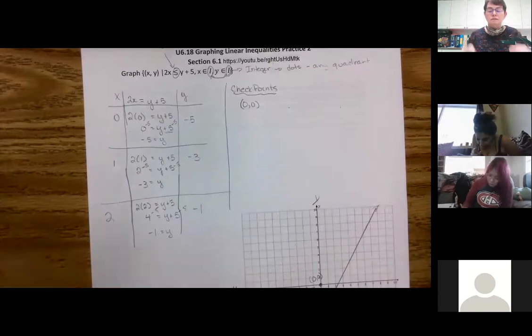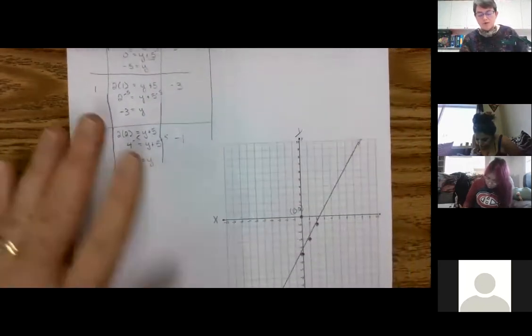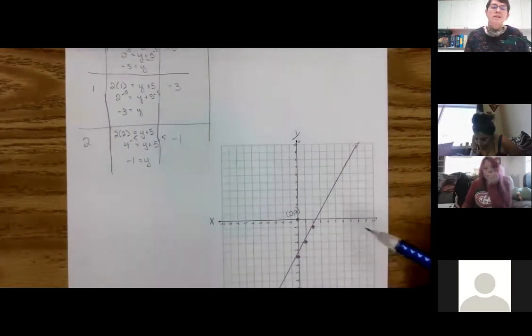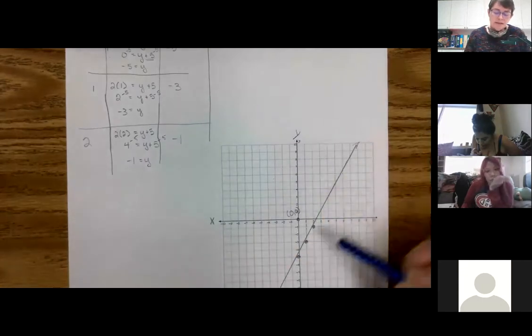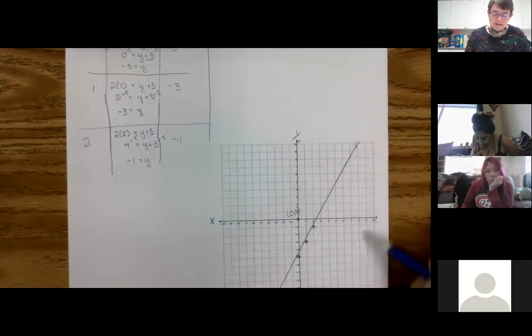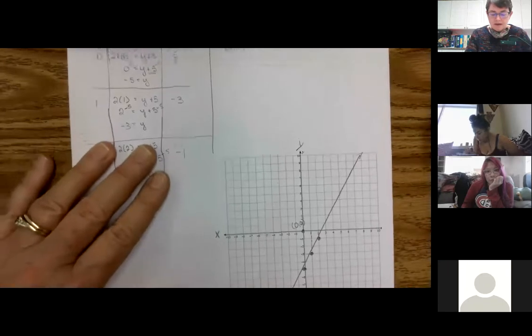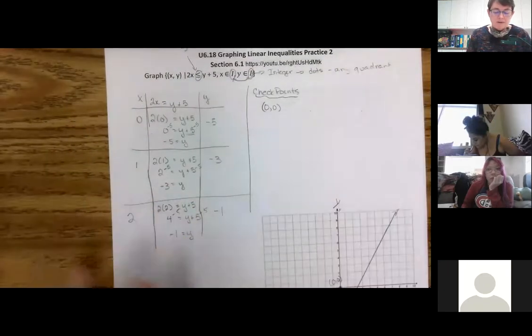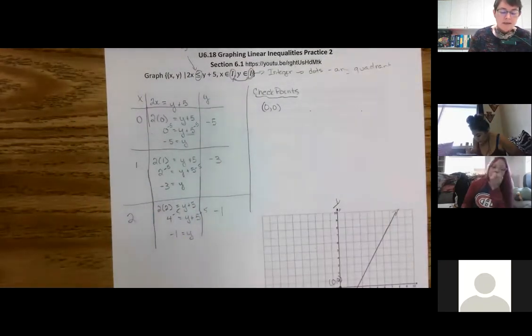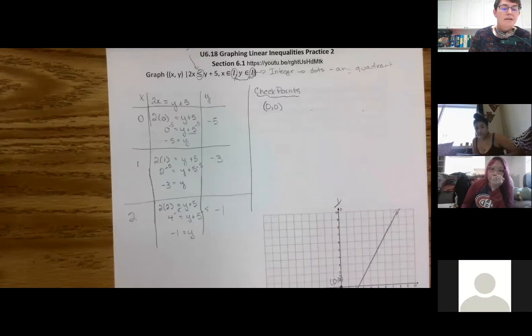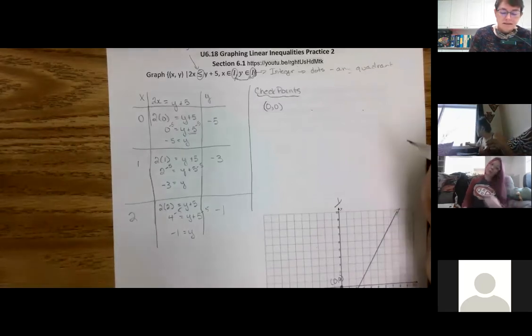Because what we're doing is checking whether the solution to the inequality, or what's called the feasible region, is on this side or on this side of the line. Now I take my checkpoint and I'm going to put it in the equation. I was going to say, who am I going to pick on?